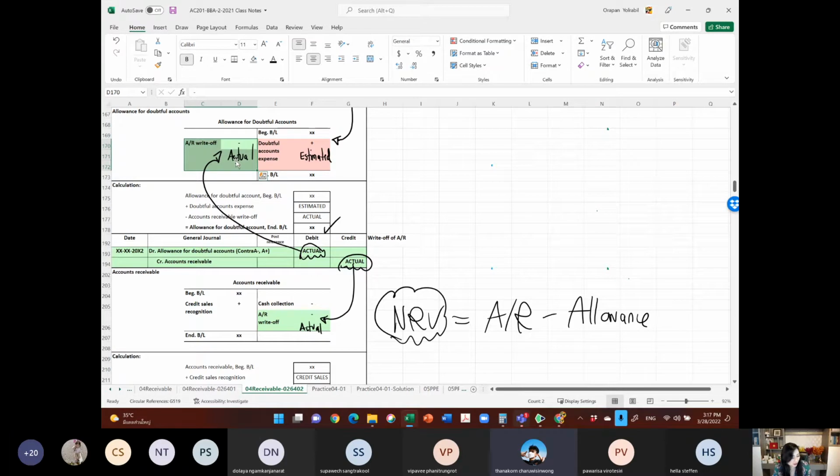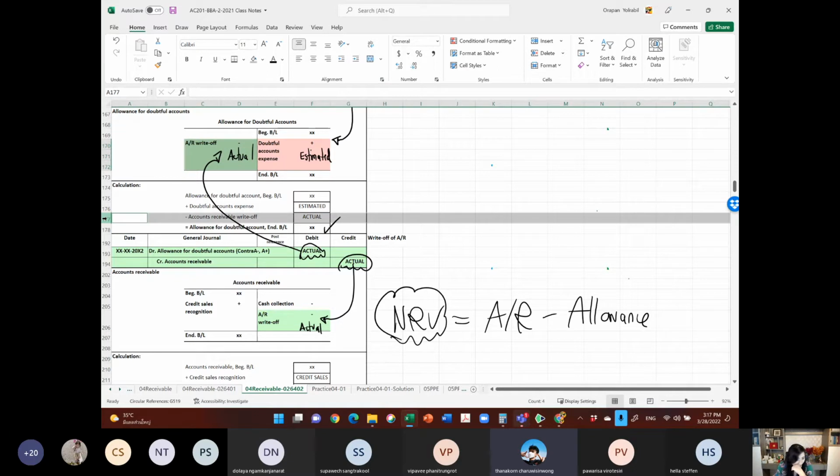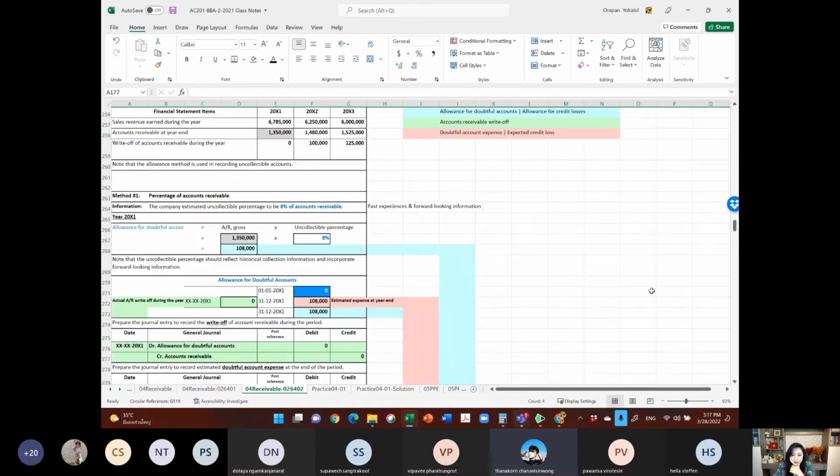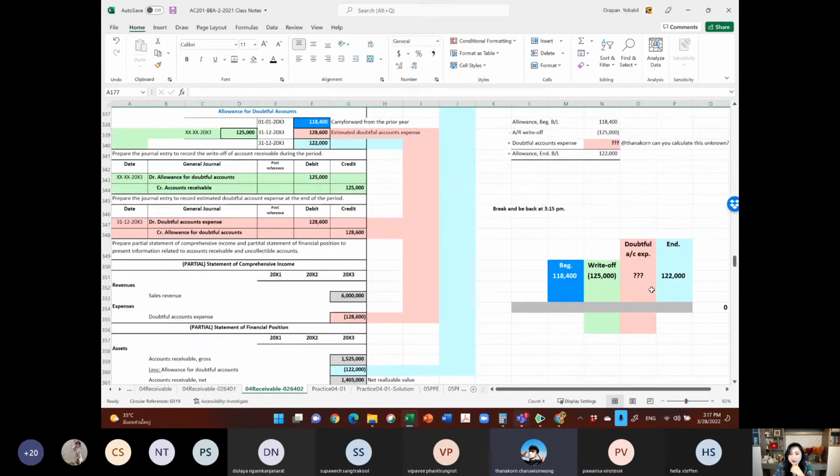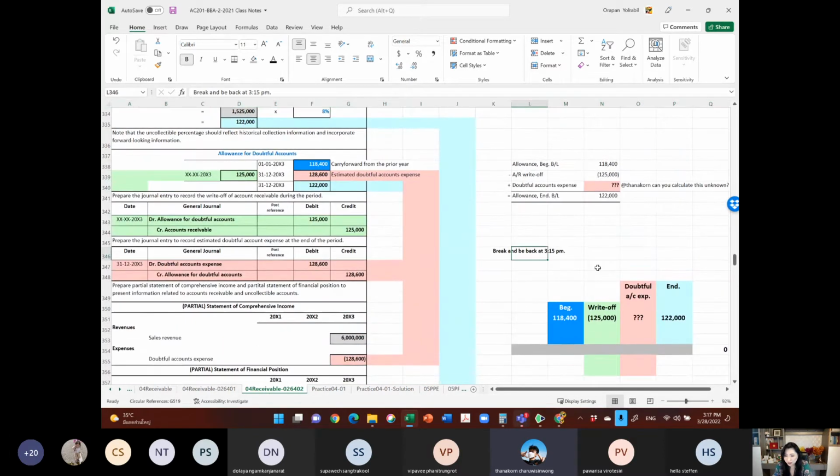Is it increasing or decreasing when you write off the accounts receivable? Decrease. Okay, the amount is decreasing, right? So over here, if you know that the write-off would cause the reduction, okay? So the write-off, right, would cause the reduction.